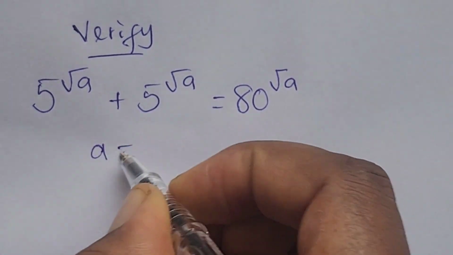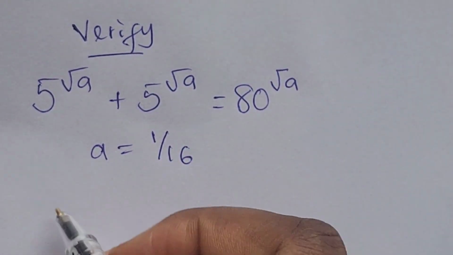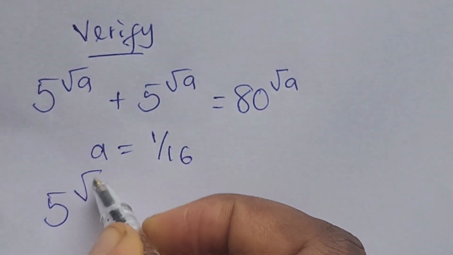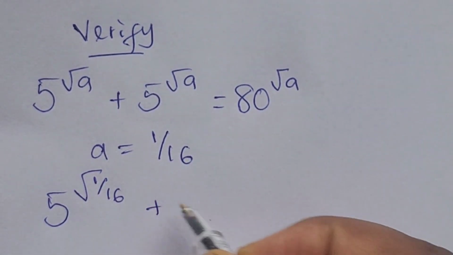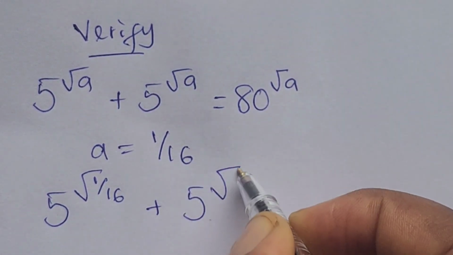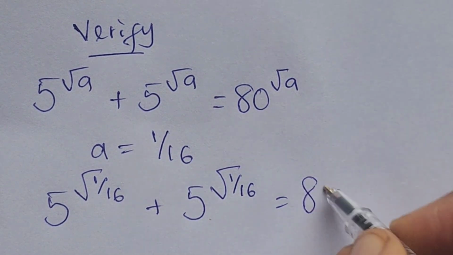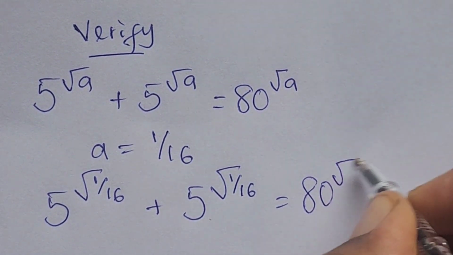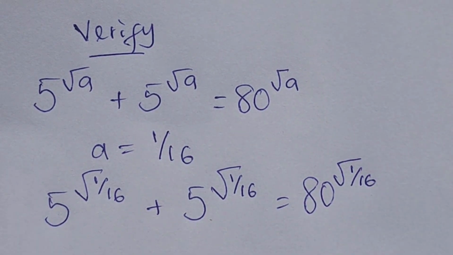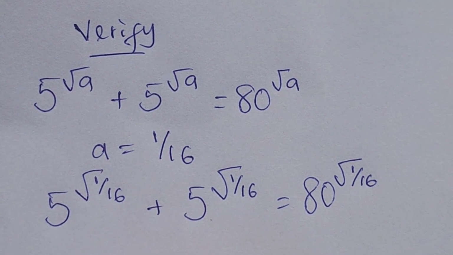Verifying when a is equal to 1 over 16, we have 5 to the power of root 1 over 16 plus 5 to the power of root 1 over 16 to be equal to 80 to the power of root 1 over 16. So from here we'll factor out our 5.